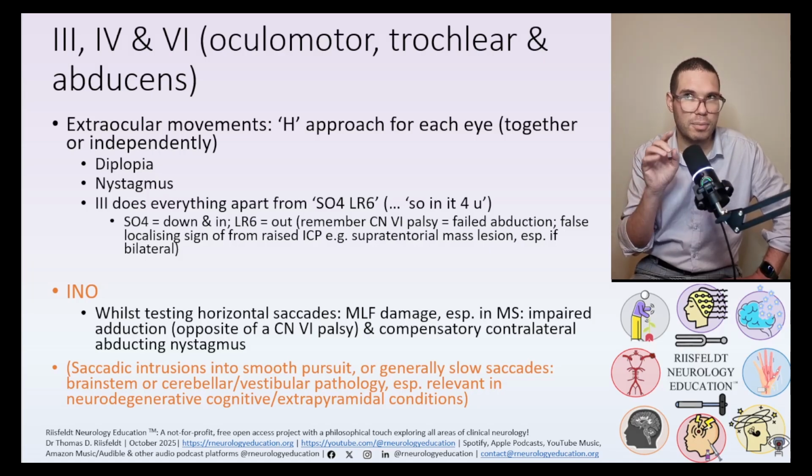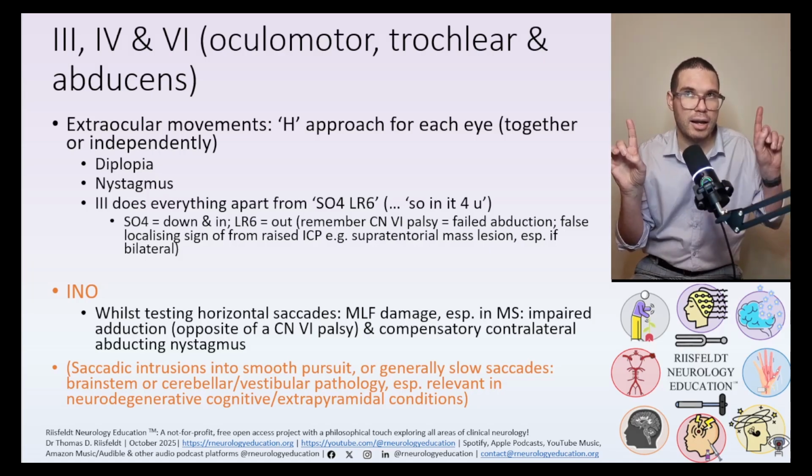So if you can imagine that the patient is looking to the right, and then you ask them to quickly look to the left, if they had an INO, the right eye is trying to move to the left, but it can't adduct all the way, so it doesn't make it all the way across. It might just go to the middle.